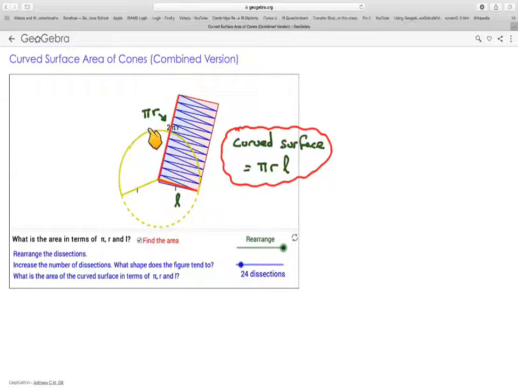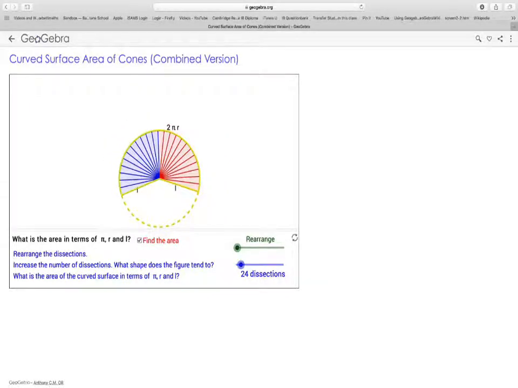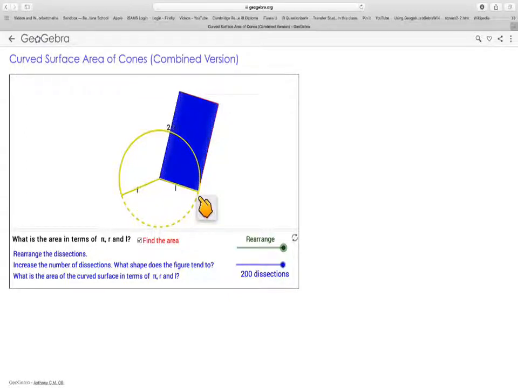The arc length of the sector is 2 pi r, but if we take half of it and wrap it round like this, we get a line here which is pi r, half of the distance, and this will be L. To make that even better, we could take like 200 dissections and move it around like that, and this time, of course, we get a rectangle.